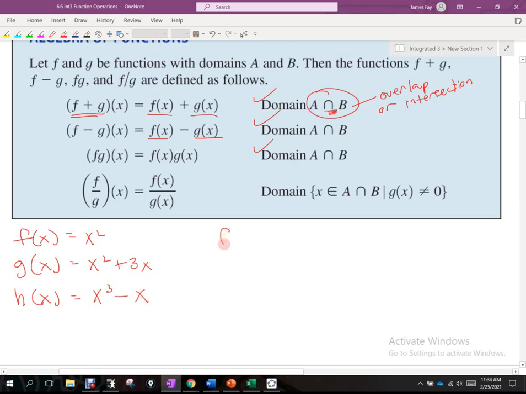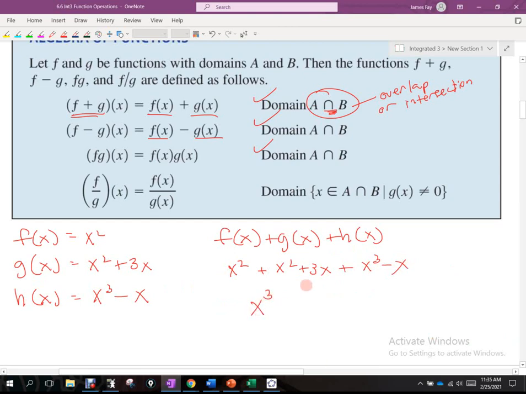If I asked you to find f of x plus g of x plus h of x, I'm not worried about you taking f of x, which is x squared, adding to it g of x, which is x squared plus 3x, and then adding to it h of x, which is x cubed minus x. And then they'll ask you to simplify it, so you'll have to write it in descending order.